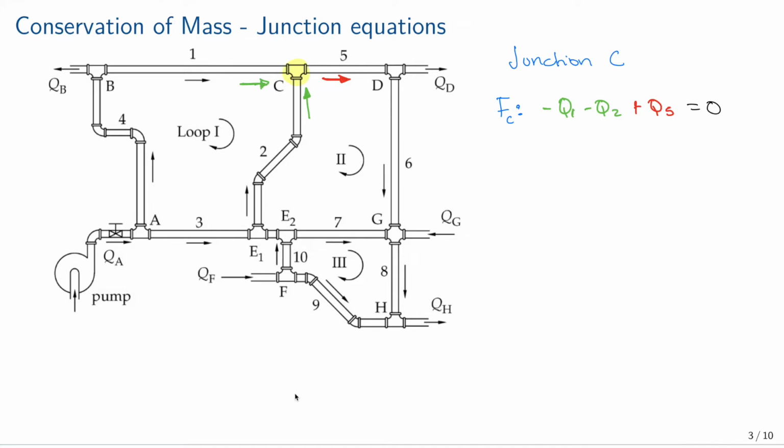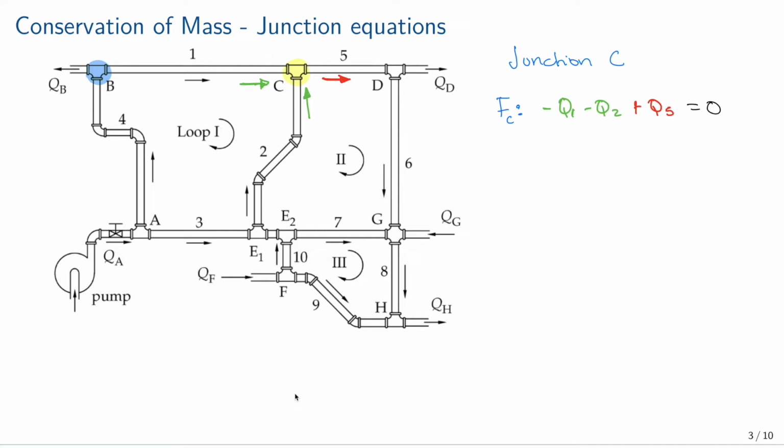Right, by conservation of mass. Let's have a look at, for example, B, which is connected to the outside world, because we have a Q at B that should be given. So these are the inflows and the outflow that should be given.